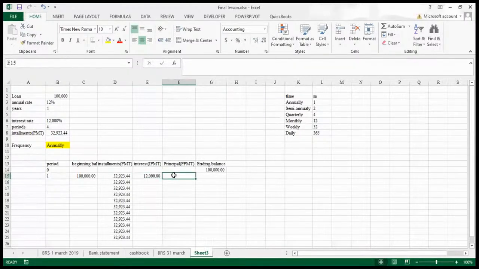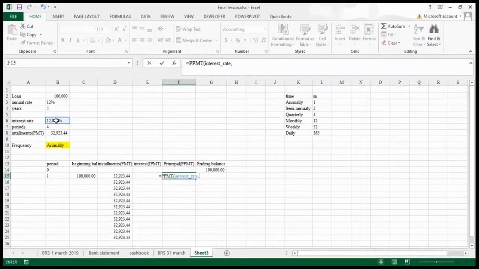What about principal? Will we be able to get the same amount that you are getting by taking this minus this? Let's see. Equal to PPMT. The difference is just the names here, but the inputs are the same. So rate, it is this interest rate, comma. Period is this, period 1, comma. Number of periods, we have this, comma.